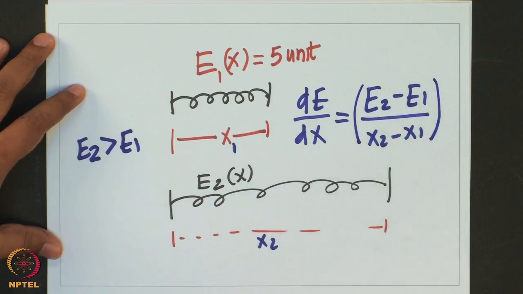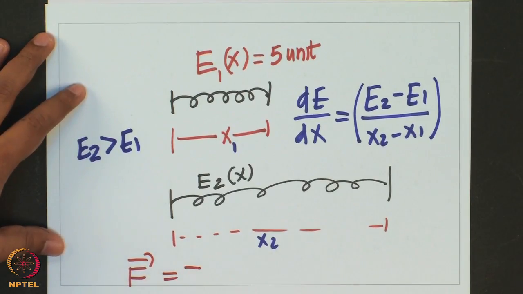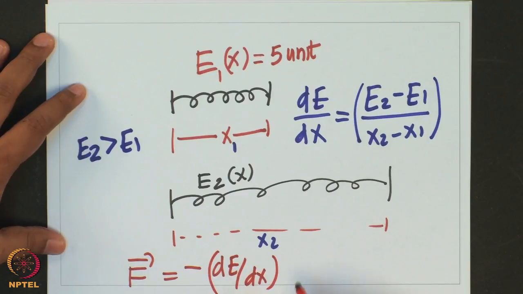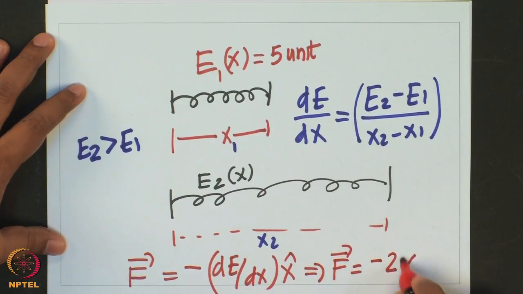Now the force here, which is a vector, is minus this positive number, which is dE by dx, along x cap. So this is going to be the force. This implies that the force is going to be some negative number, which is minus 2 x cap.